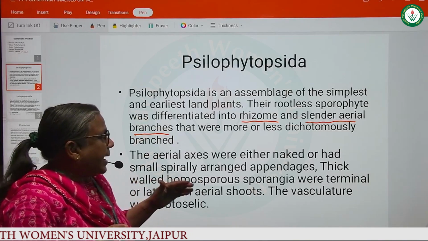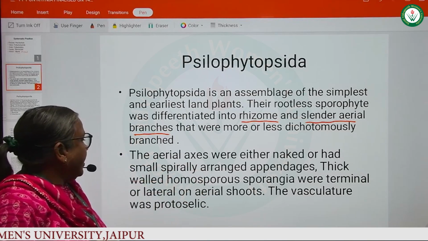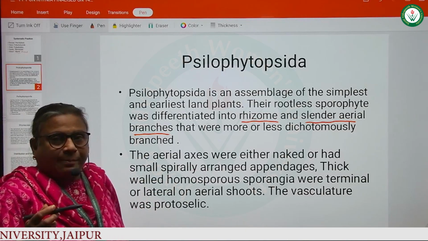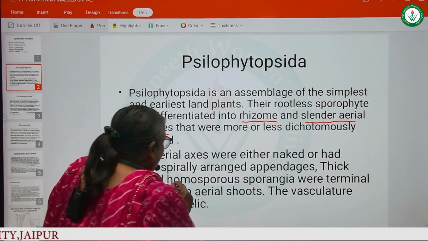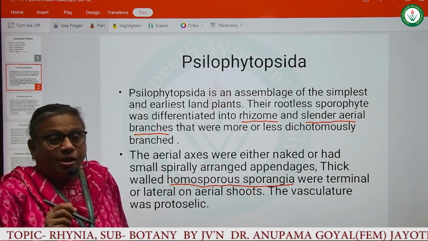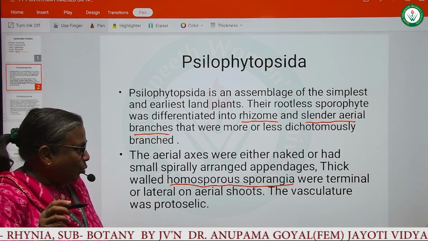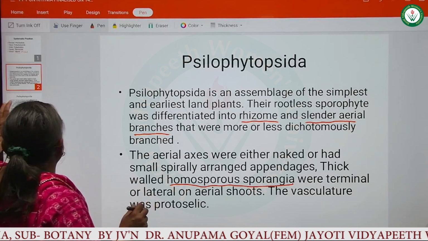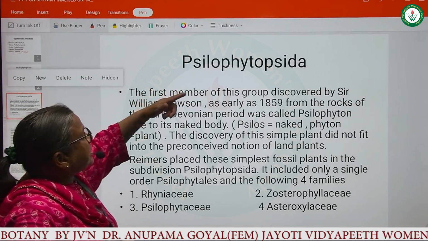The aerial axes were either naked or had small spirally arranged appendages. Thick-walled homosporous sporangia were terminal or lateral on the aerial shoots. The vasculature was protostelic. And now we continue.